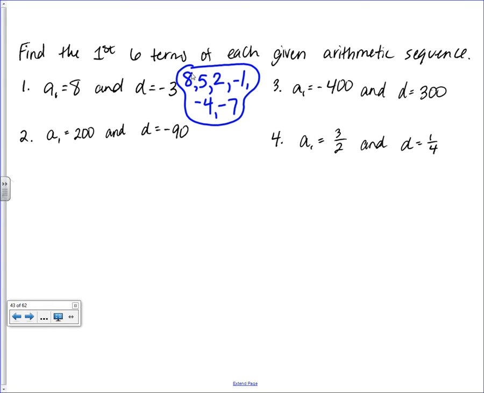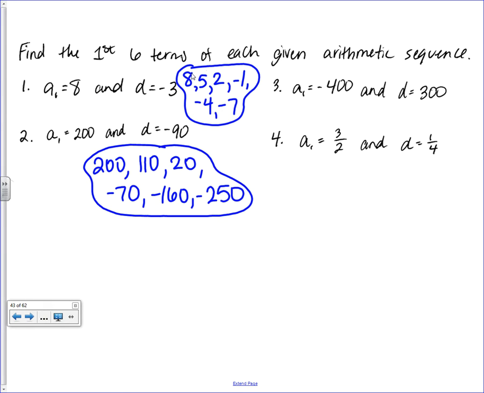I start at the first term and I do what they tell me. So in number 2, I'm going to start with a 200 and I'm going to do what they tell me. We're subtracting 90. There's the second term, the third term, the fourth, the fifth, and the sixth. So those are the first 6 terms of that sequence.